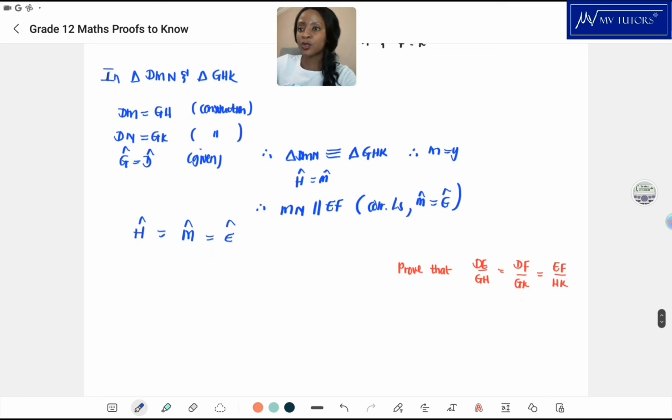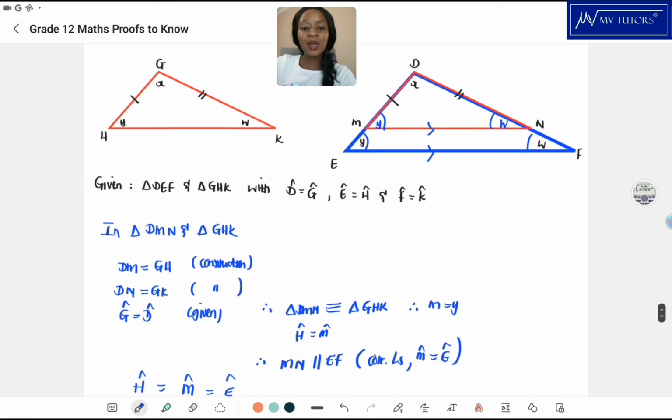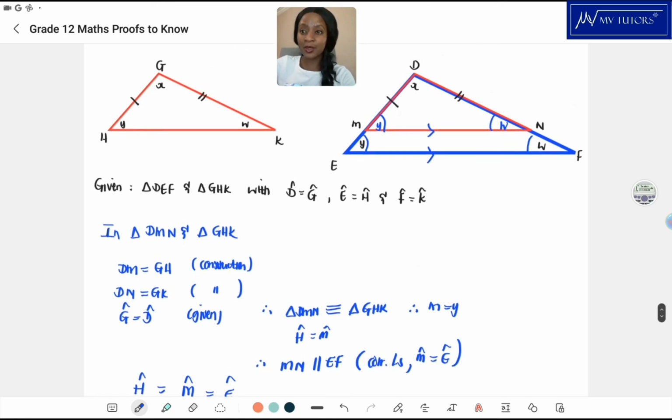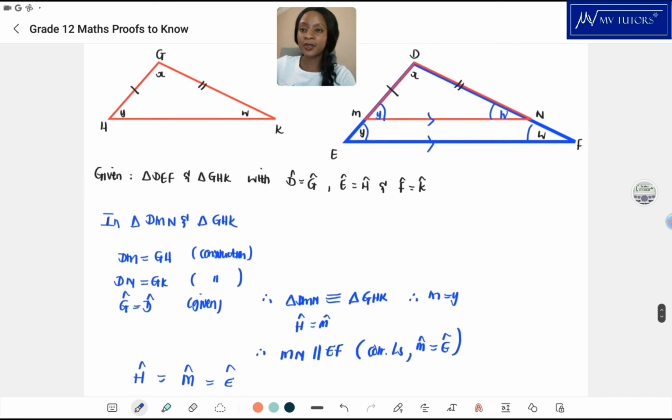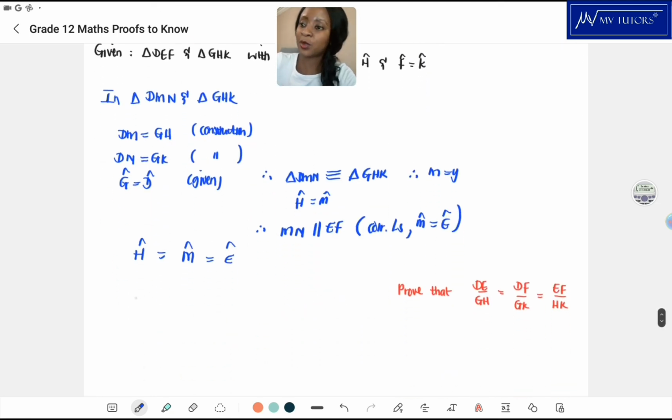Yeah, then I want to use the proportionality theorem. Because we have these two parallel lines, we can use it, right? So if we say DE over DM, how would that look?